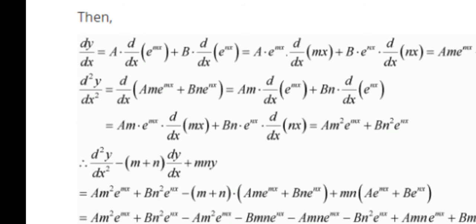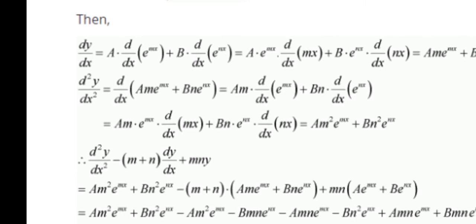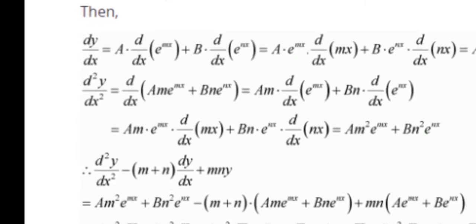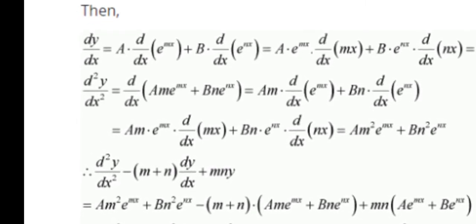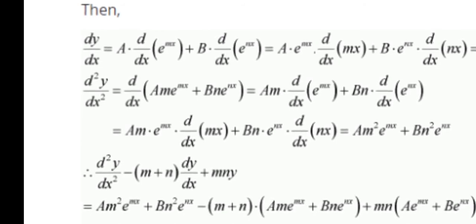So am e to the power mx, d/dx of e to the power mx is again e to the power mx into d/dx of mx, plus bn into e to the power nx into d/dx of nx. So d/dx of mx, again we have got m, so am into m, we have am square e to the power mx plus bn into n, bn square e to the power nx.